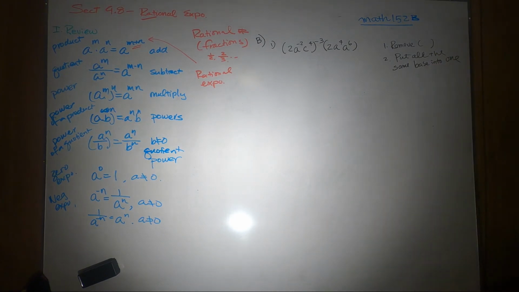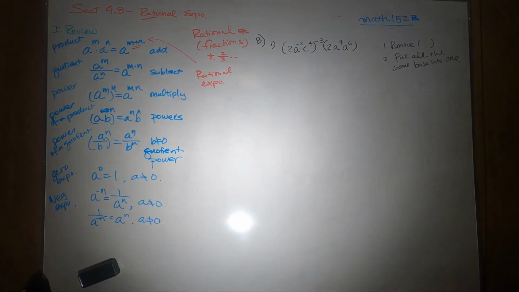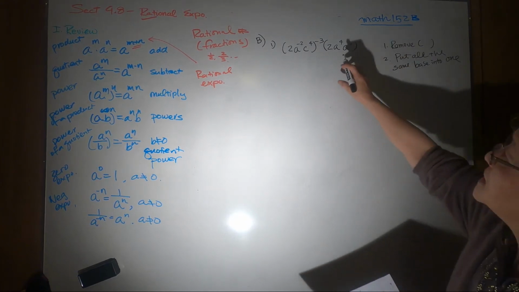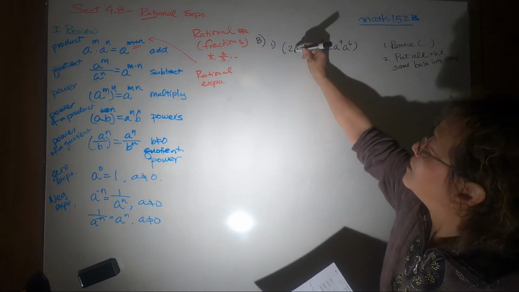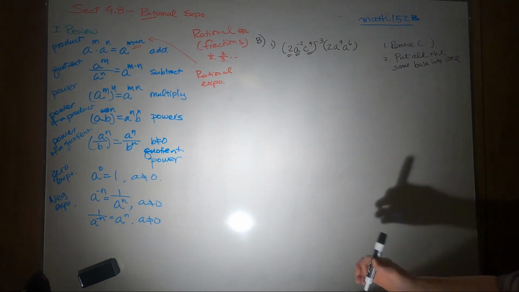That's how we simplify. There are many ways of doing it, but we can just remove parentheses by using all those properties. It's more straightforward, right? For the negative 3, how many bases do you have inside? 3. So you do what?